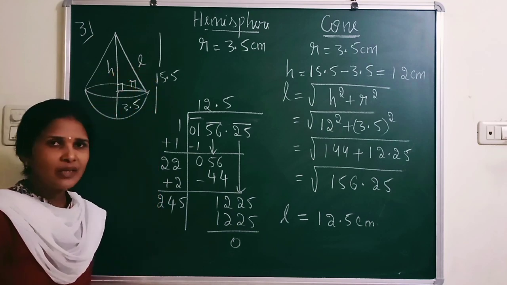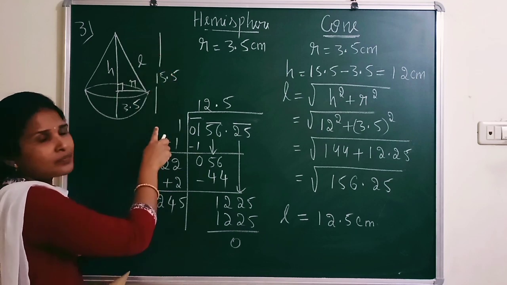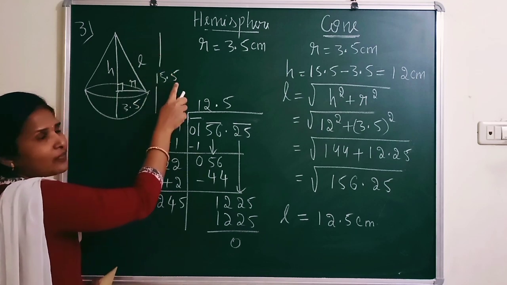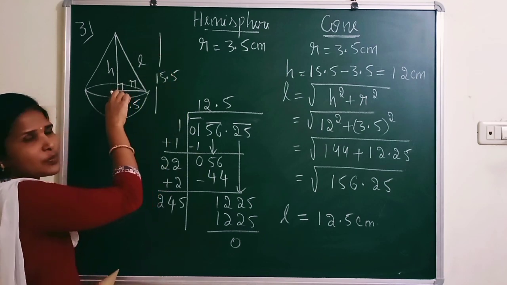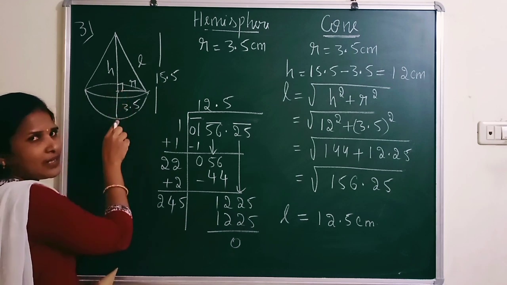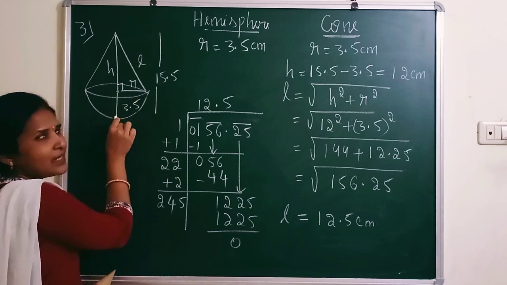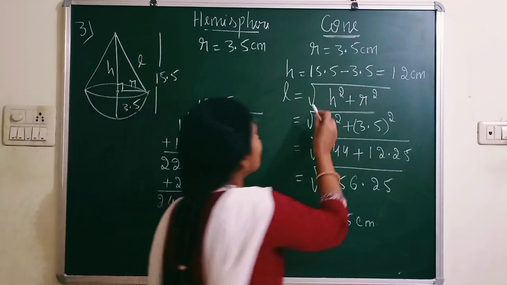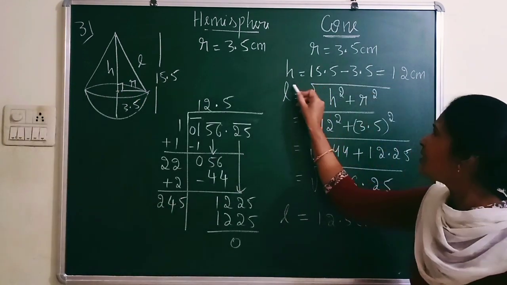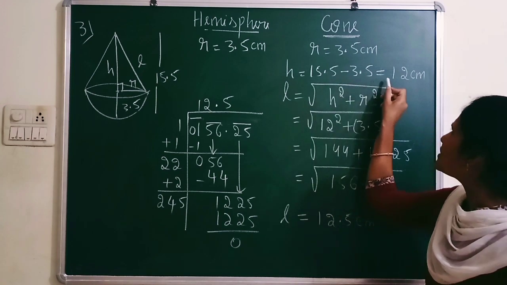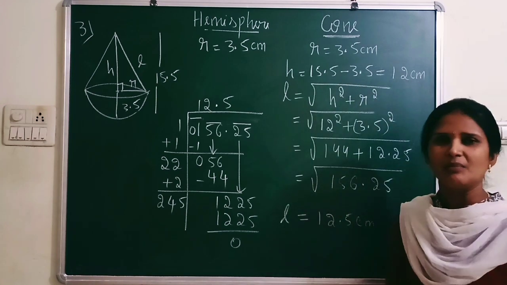But I can find H by using the total height. The total height is 15.5 and the height of the hemisphere is 3.5, nothing but the radius. When you subtract the radius of the hemisphere from the total height, we get the height of the cone. H equals 15.5 minus 3.5, that is 12 centimeter.